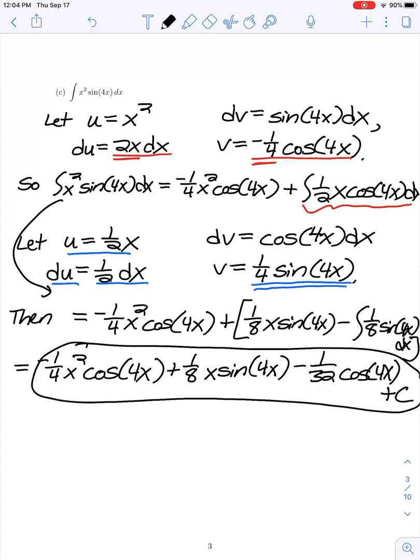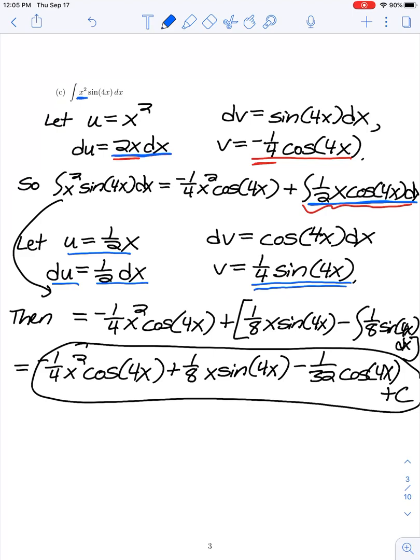So following our work here, when we were working with this example where our polynomial term in this product was x squared, well, after we differentiated it the first time, we got down to something involving 2x. So after using integration by parts, our new integral only involves x times a trig function instead of x squared times a trig function.